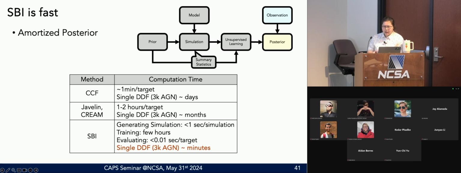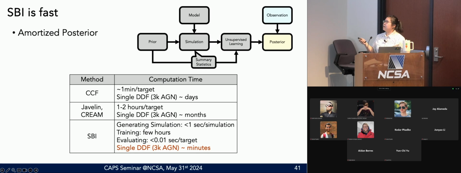So one major advantage for SBI in future surveys like LSST is that it is very fast. After you train the neural network using the simulation, you can draw the posterior unlimited times with almost zero time. This is called an amortized posterior.